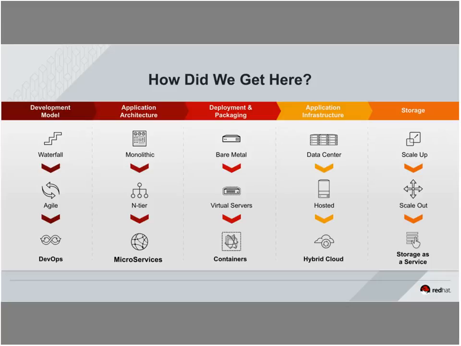And then on application architecture, we started off with monolithic applications that would run on single servers. And then we said, oh, that didn't work out too well because they'd start to consume more resources than a single server required, as well as not providing a great separation of concerns.